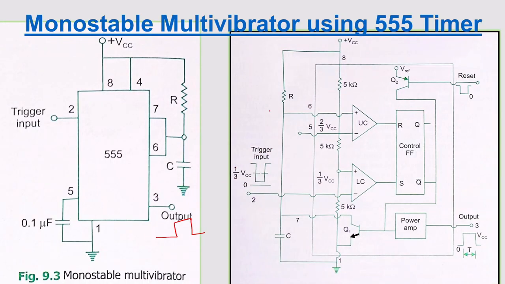See, upper comparator, lower comparator. Initially this will be on, so it will discharge. This is the discharging path. When it is connected, it will discharge. When your trigger pulse is less than 1/3 of your VCC, this will be on, so this will be 0 and it is coming here.